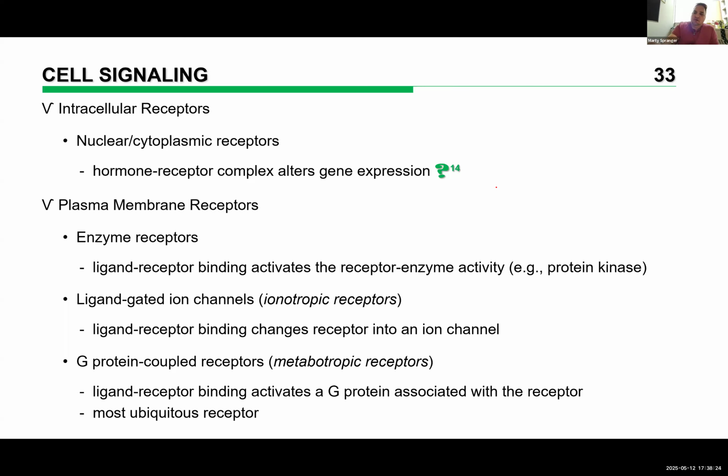How many people have heard of these receptors that span the membrane 7 times? I have. Yeah, the seven pass transmembrane receptors. So yeah, that's the G protein coupled receptors. What it's attached to is a G protein on the inside of the cell, and we'll talk about that in a little bit.